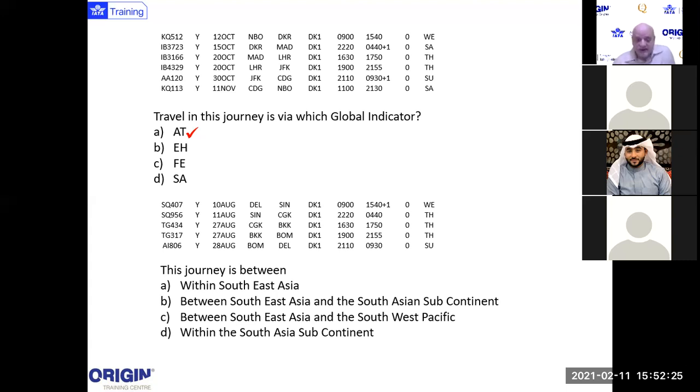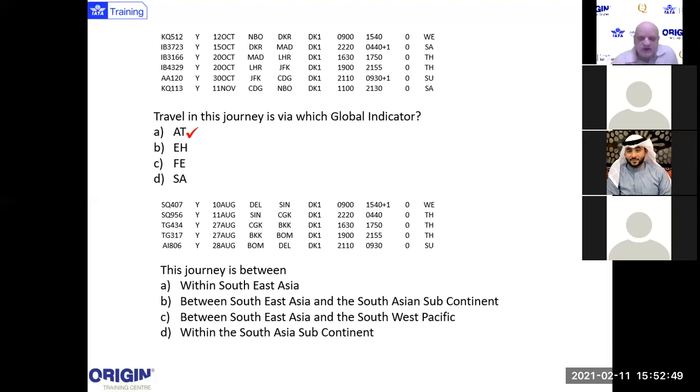Bangkok, you definitely know. BOM. Where's BOM? Bombay. Mumbai. And then back to Delhi. So Delhi, what sub area is Delhi in? South Asian subcontinent.